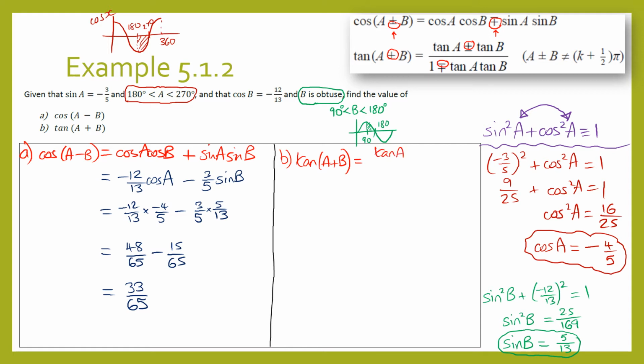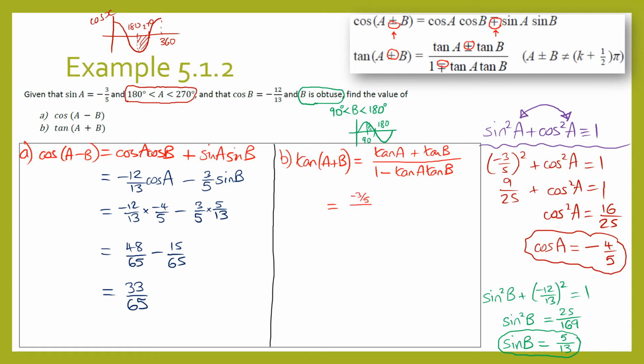So this is tan A plus tan B in the numerator. In the denominator, 1 take away tan A tan B. Now there's more than one way of working out tan A and tan B here. I'm going to go with using sine A over cos A to get tan A, and sine B over cos B to get tan B. So sine A was minus 3/5.